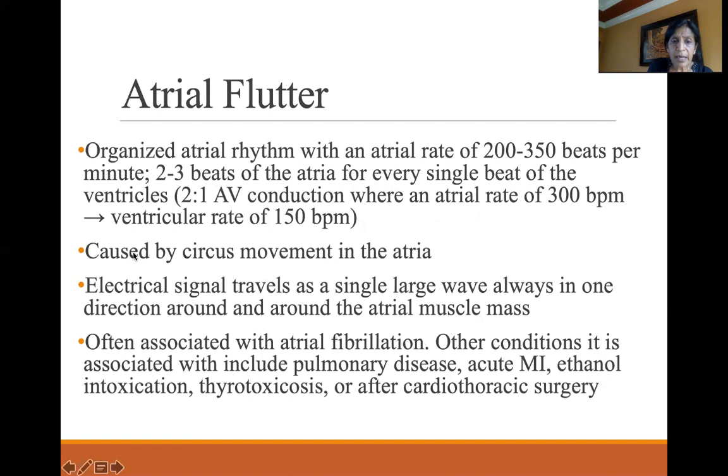It's caused by circus movement within the atria. As I mentioned, a group of muscle fibers in one or another part of the atria become excited and then start initiating these electrical waves.